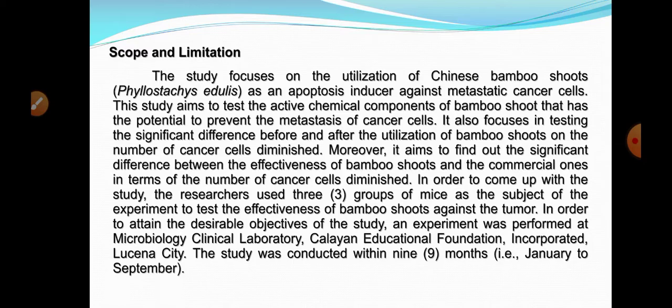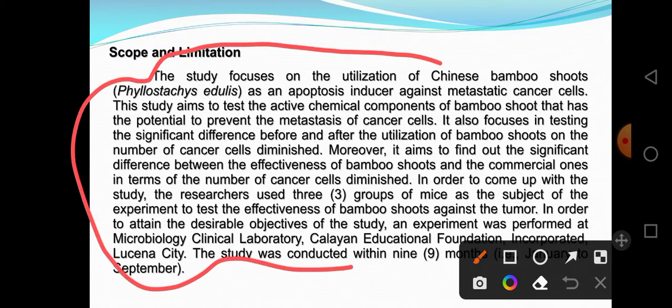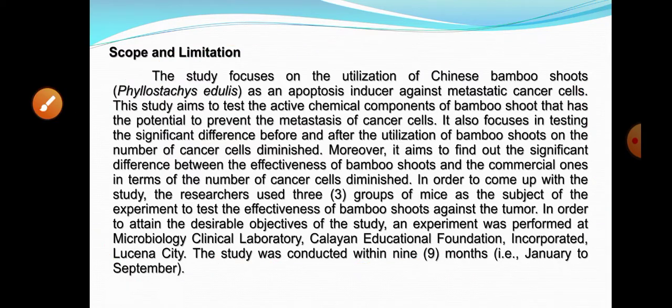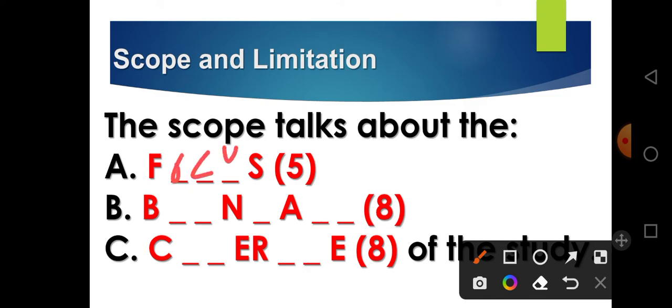In summary, how can we define the scope, or give meaning to it? The scope talks about the following. First, the focus of your study. Second, the boundary of your study.